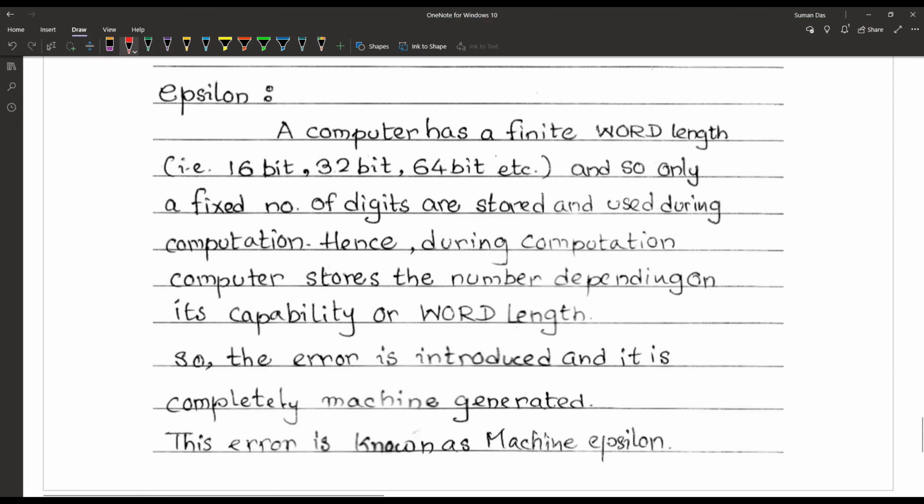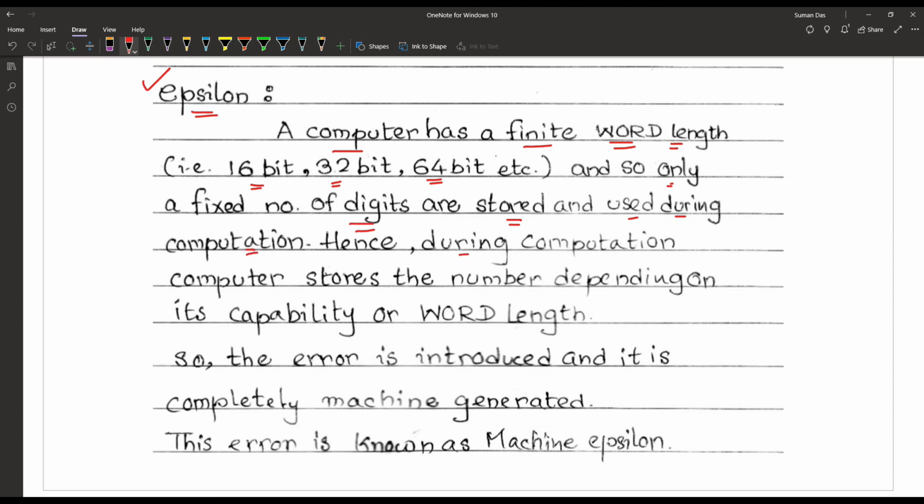The next term is practically very important, that is known as the epsilon. Already we have said that a computer has a finite word length. That means 16-bit, 32-bit, 64-bit, 128-bit, etc. And so only a fixed number of digits are stored and used during computation.